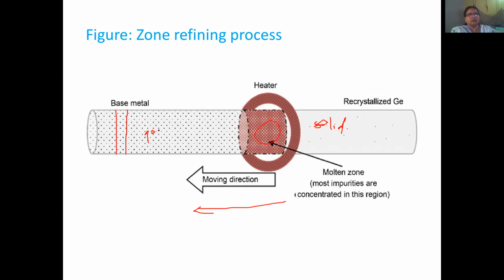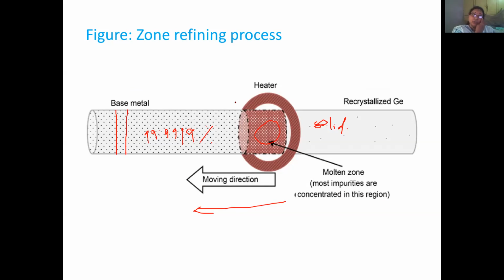So they repeat this process many times so that we get a germanium rod of around this percent purity. Clear? So this is the process of zone refining technique.